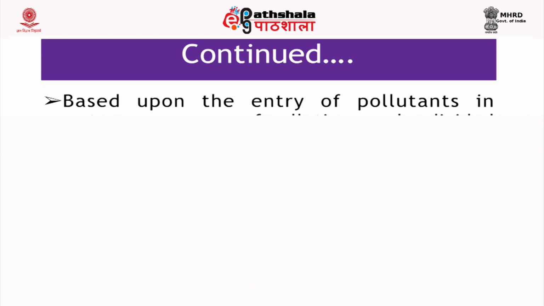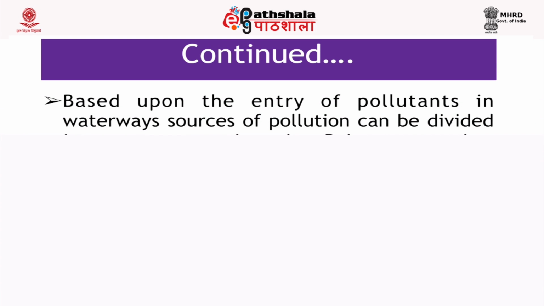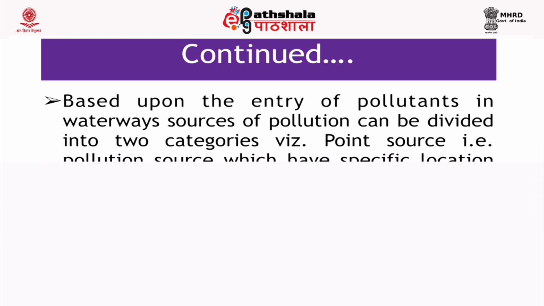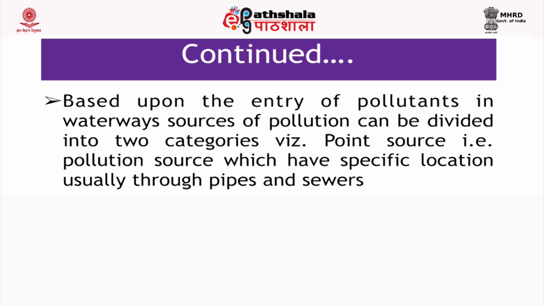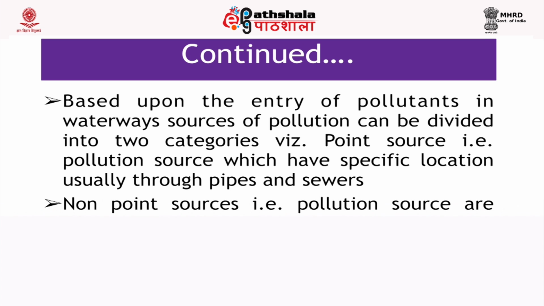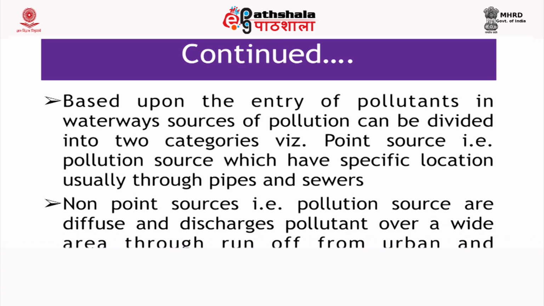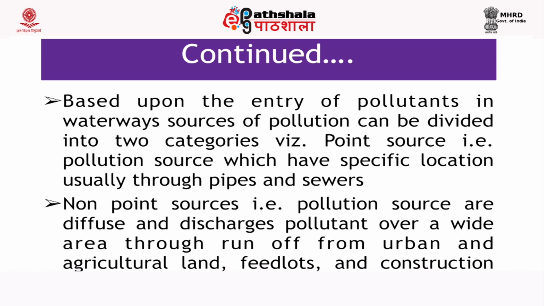Based upon the entry of pollutants in waterways, sources of water pollution can be divided into two categories: point sources, pollution sources which have a specific location, usually through pipes and sewers, and non-point sources, pollution sources which are diffuse and discharge pollutants over a wide area through runoff from urban and agricultural land, feedlots and construction sites.